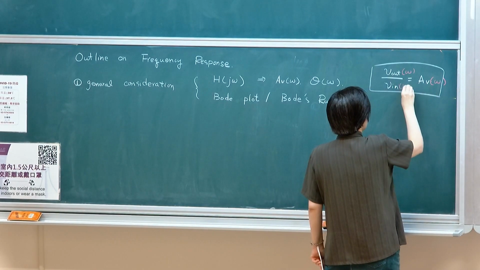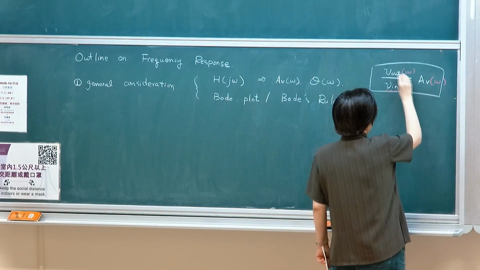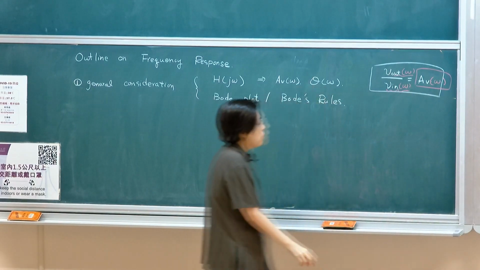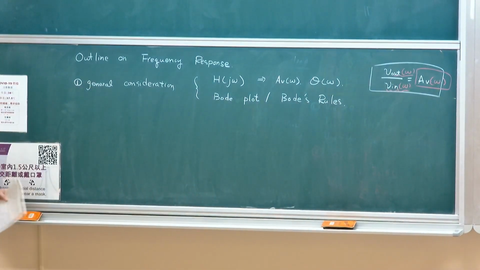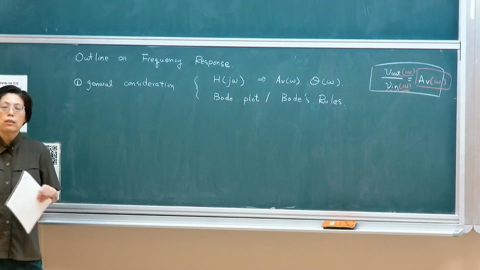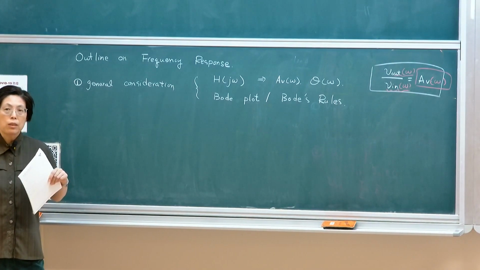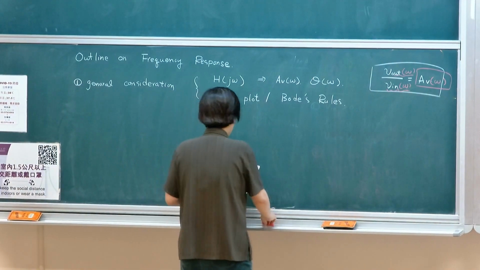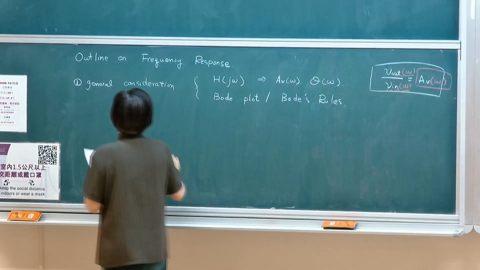As the input changes with frequency, your output actually changes with frequency, and the response actually is a function of frequency. That is why we need to discuss frequency response, meaning that your circuit's input-output relationship is different when input signals are changed under different frequencies.